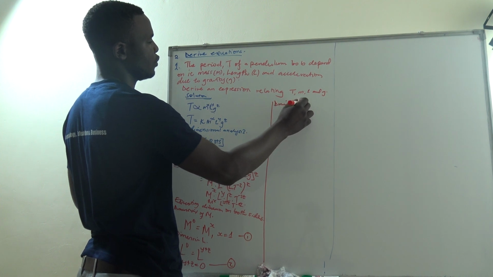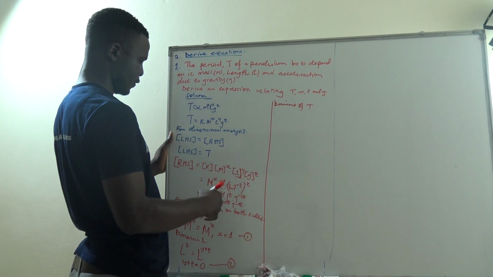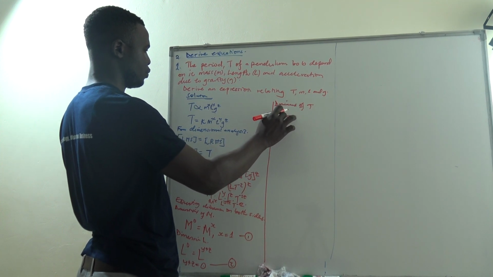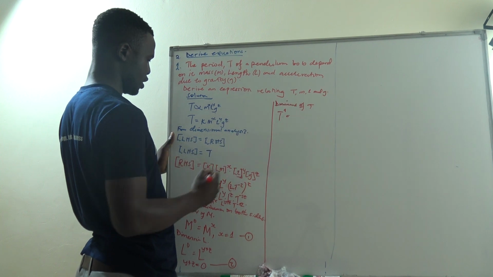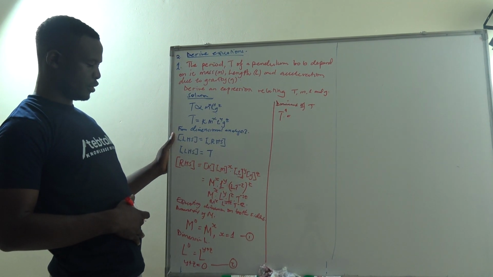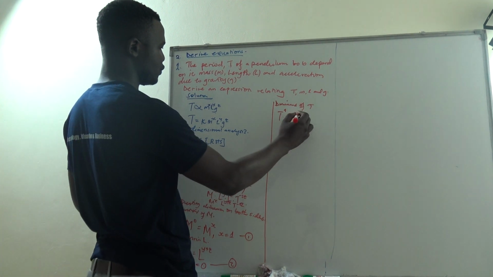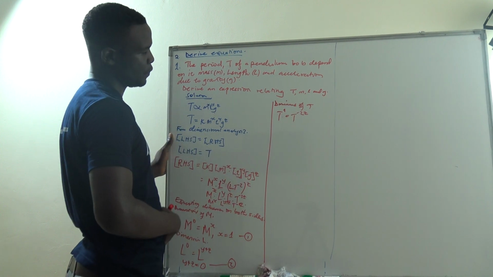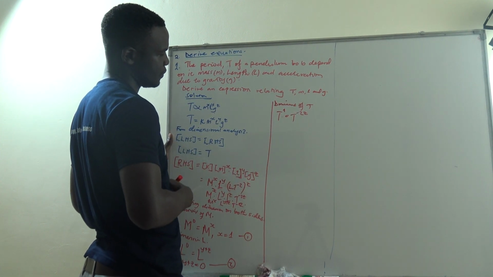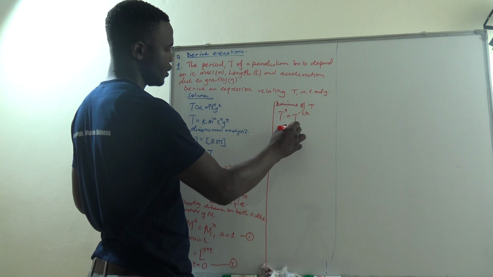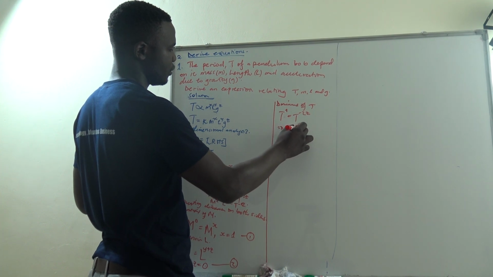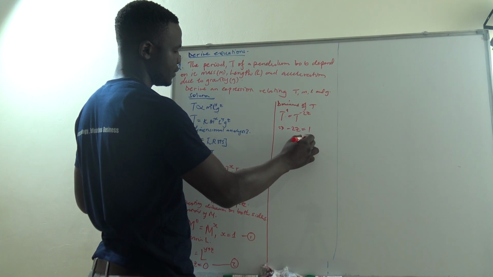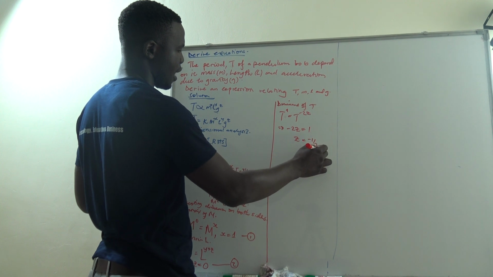Then we compare the dimensions of T. For T, on the left-hand side, this is T power 1, which should be equal to the dimensions of T on the right-hand side, which was T power negative 2z. Therefore, negative 2z is equal to 1, so z is minus a half.